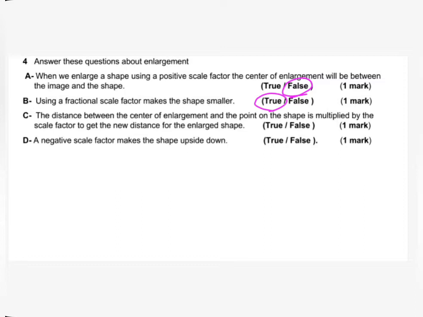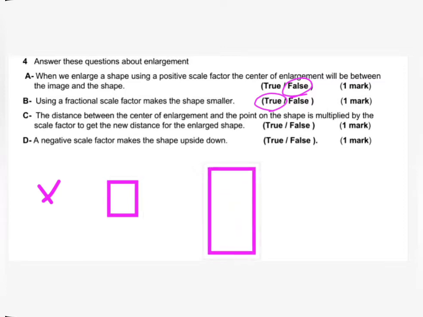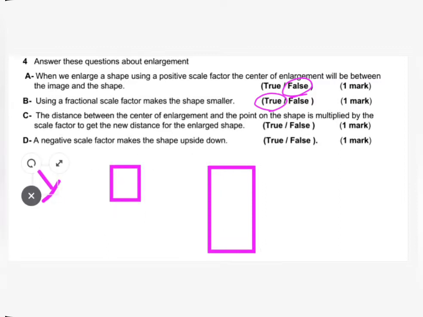The distance between the center of enlargement and the point on the shape is multiplied by the scale factor to get the new distance for the enlarged shape. Now, if we have a center of enlargement here and we have a shape, how do we get the new shape here? How do we know it's here, for example? Very good. By finding the distance between the center and the shape or the point itself.